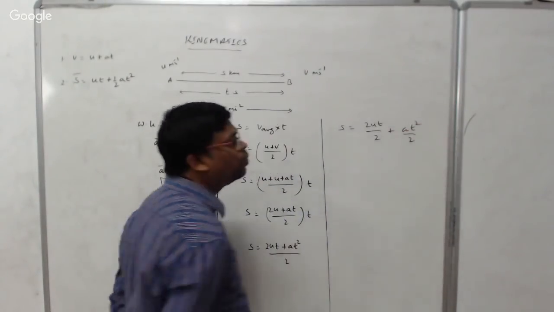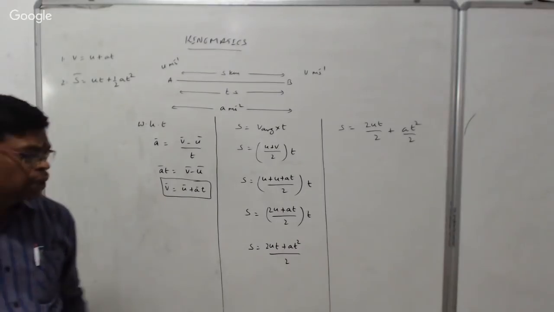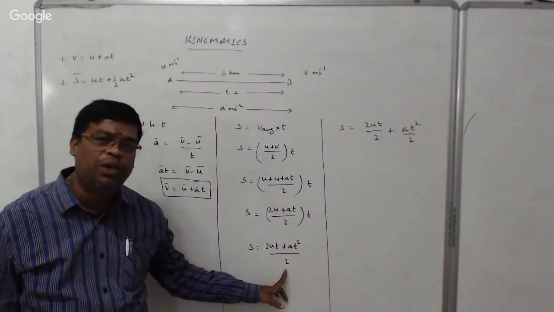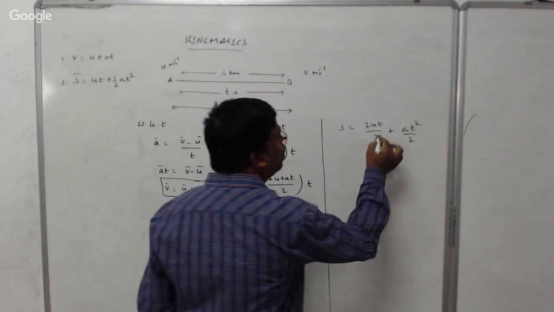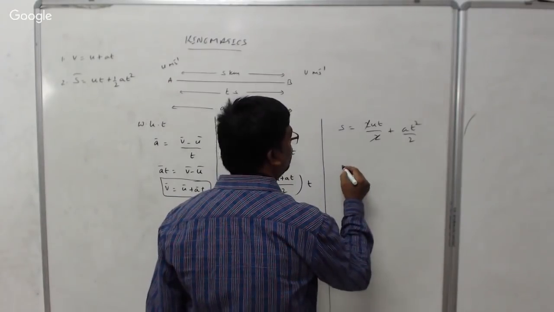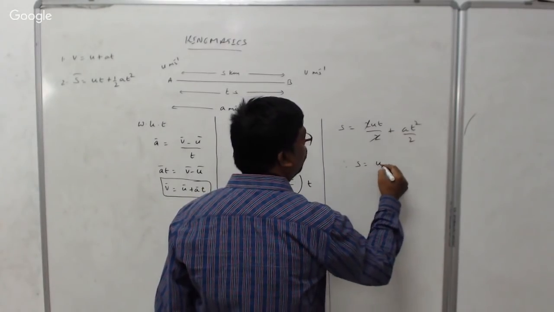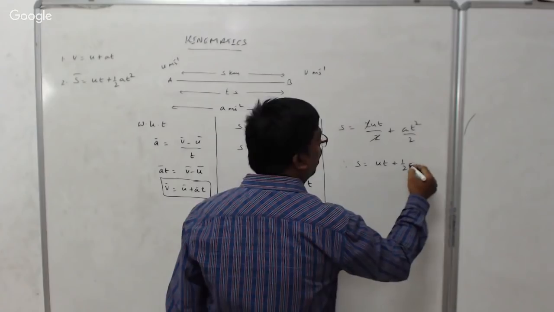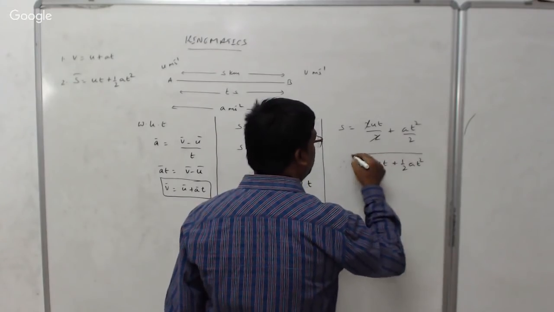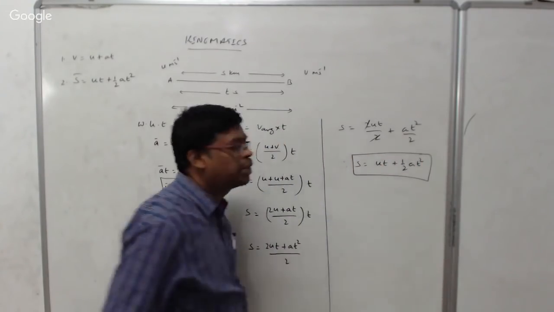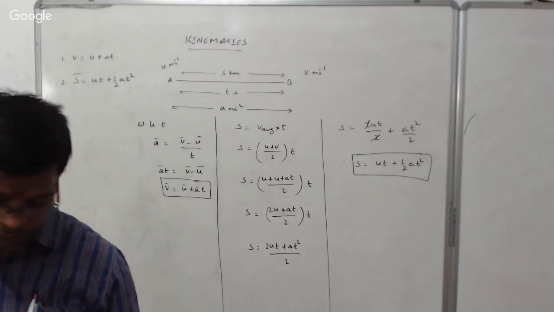Now see, the 2 gets cancelled. Therefore, s is equal to ut plus half at². This is the second equation of motion.